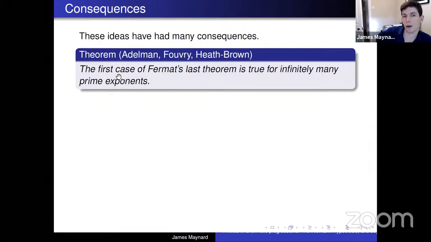I guess there's a slight technical issue that it was just the first case of Fermat's last theorem. The original way that people envisaged proving Fermat's last theorem was to split it first into the first case for prime exponents and then the second case for prime exponents. And everyone was working on the first case. And so this is sort of morally like proving Fermat's last theorem for infinitely many prime exponents.